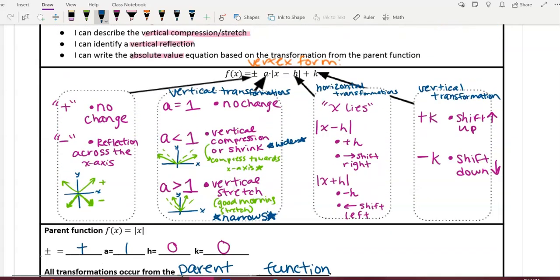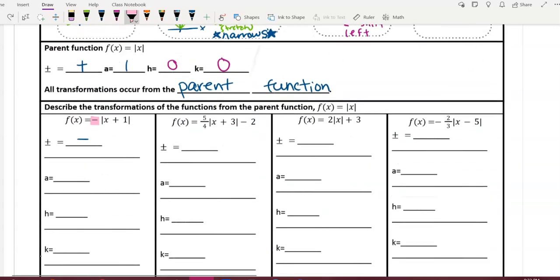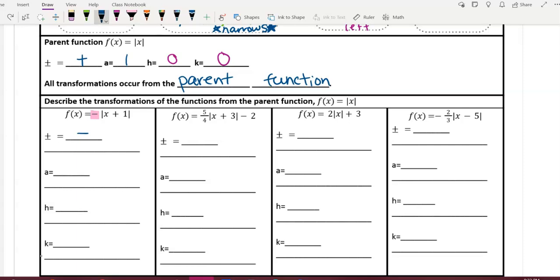Let's look back up at the top. Negative means reflection across the x-axis. Let's go ahead and write that here. Reflection across x-axis.